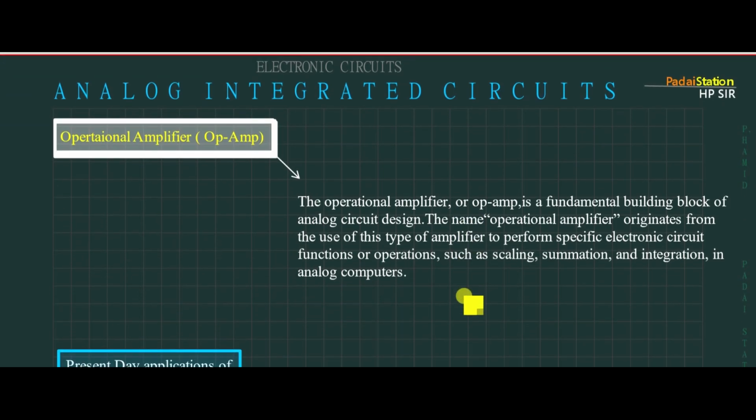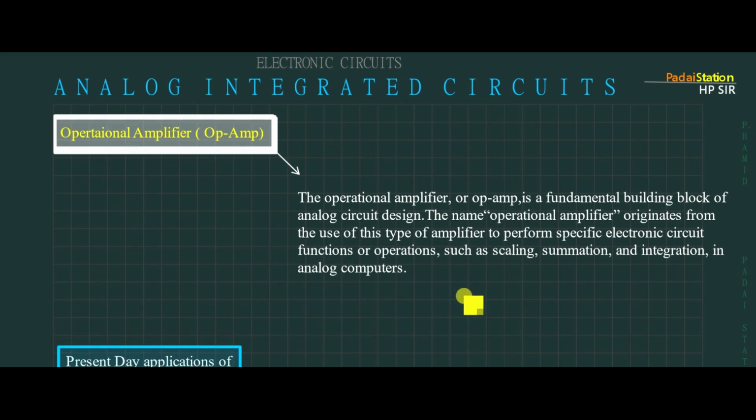The name operational amplifier originates from the use of this type of amplifier to perform specific electronic functions or operations, such as scaling, summation, integration, differentiation, and many more. Op-amp was designed to perform these operations in analog computers in the beginning, around 1947-48. But the present-day op-amp is built using different transistors, BJTs and MOSFETs.